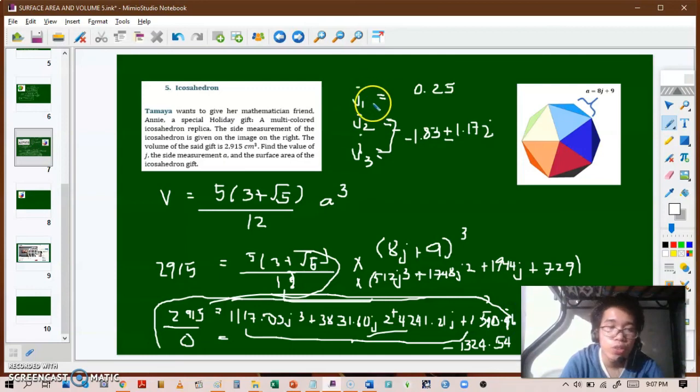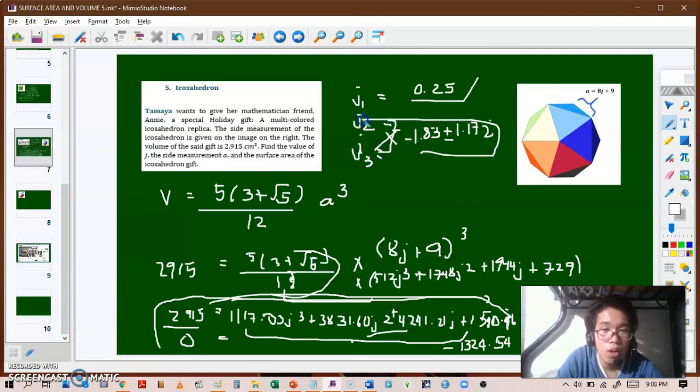Solving for the roots of J in this cubic equation, again we use the scientific calculator. J sub 1 is equal to 0.25, and J sub 2 and J sub 3 are equal to negative 1.83 plus or minus 1.17i. Again, we cannot have complex or negative roots as our answer for this variable.